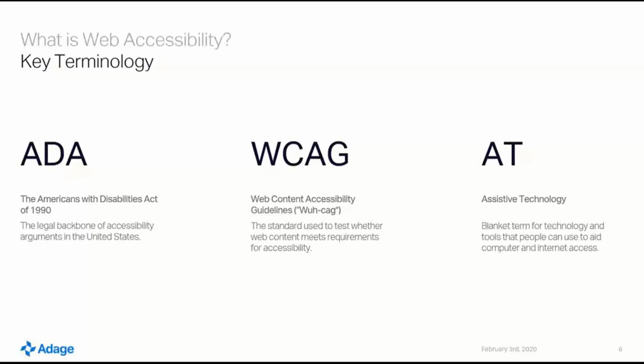Next is WCAG. This is the Web Content Accessibility Guidelines. It's usually pronounced WCAG, so we're going to be saying WCAG today. This is the standard used to test whether web content meets requirements for accessibility. The WCAG is constantly being revised to reflect current technologies, and it's currently on version 2.1.